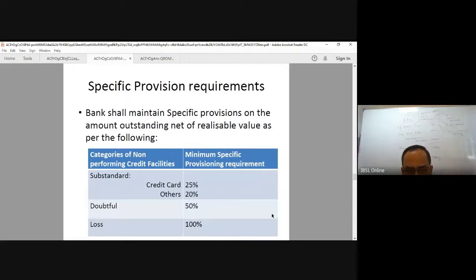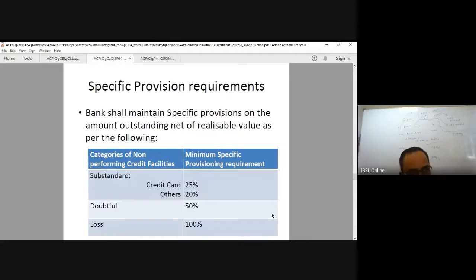So the specific provisions we are to make: we found a few categories, whether SMA, substandard, doubtful, or loss. Four categories under NPA we looked at. Under SMA, special mention account, you only suspend the interest.